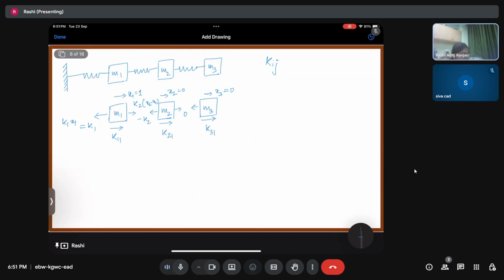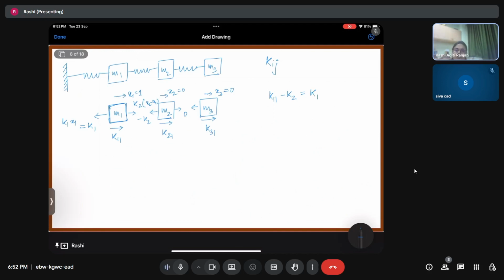Now, if I write the equation of motion, what is it going to be? See, over here we have three forces. Over here we have three forces, and we just have to equate the forces. Correct? So we have K11 minus K2, K11 minus K2 is equal to K1.